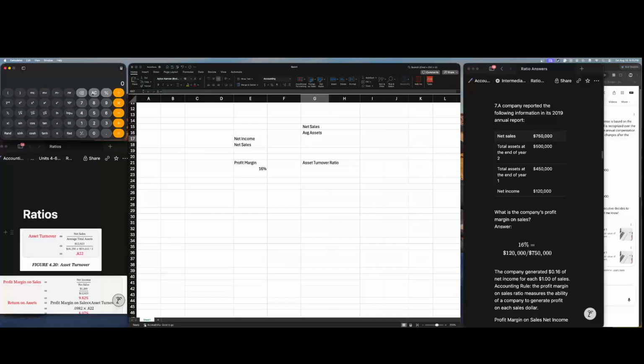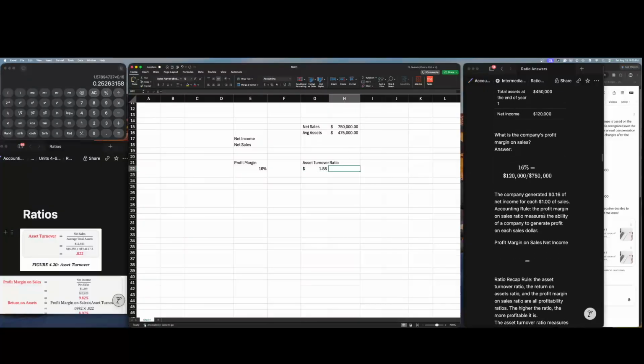So that would be 475 divided by. You can actually find the return on assets with this as well, 25%, if you're looking for that.